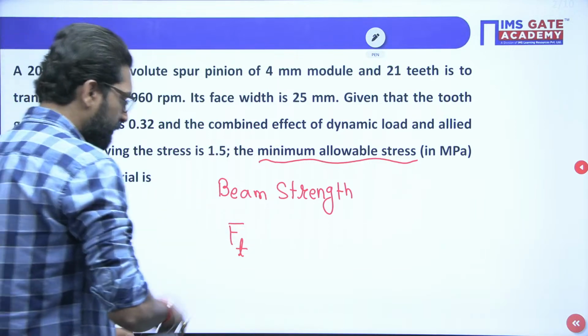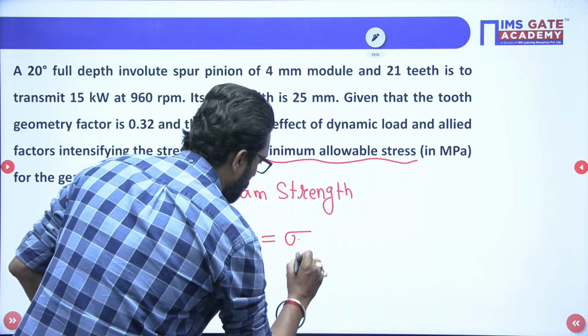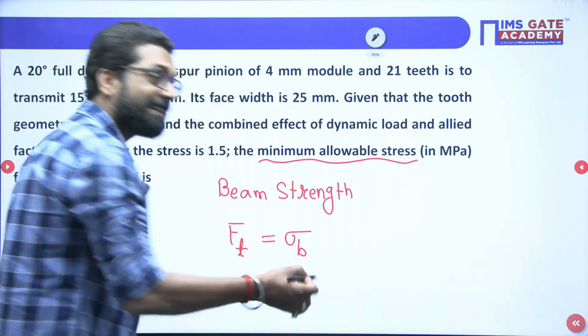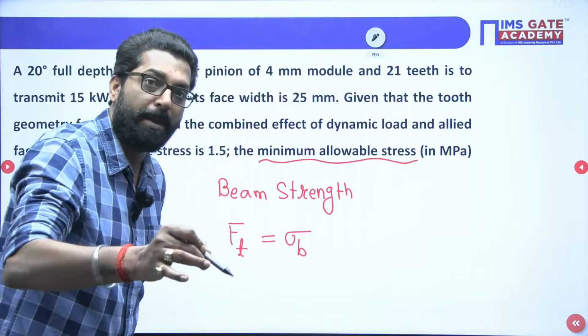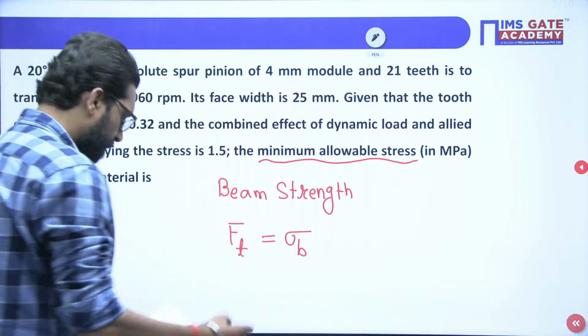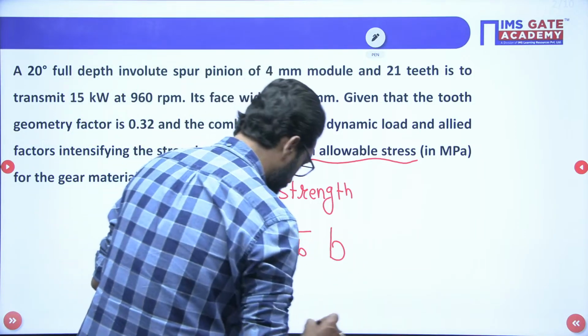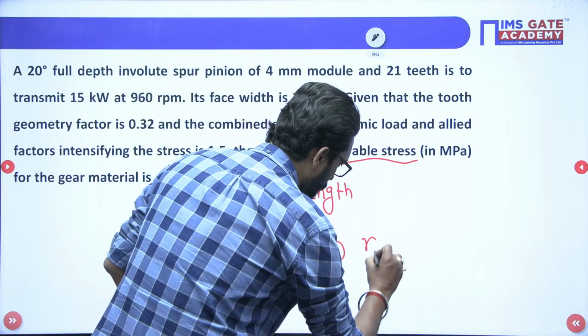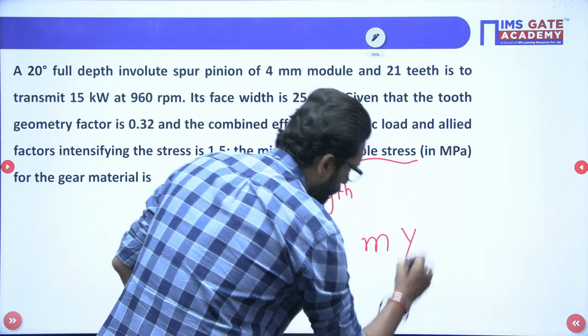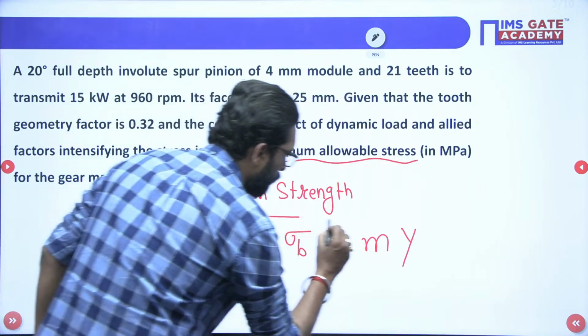The tooth acts as a cantilever beam, so the beam strength is the bending stress sigma b into the width of the tooth b, module m, and Lewis factor Y. This is the formula which is used here.